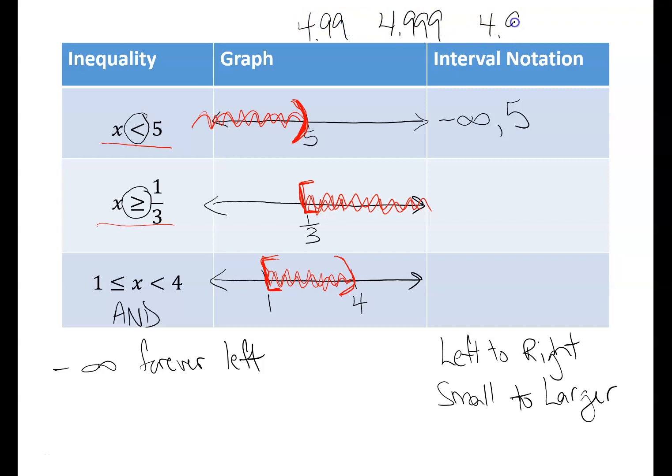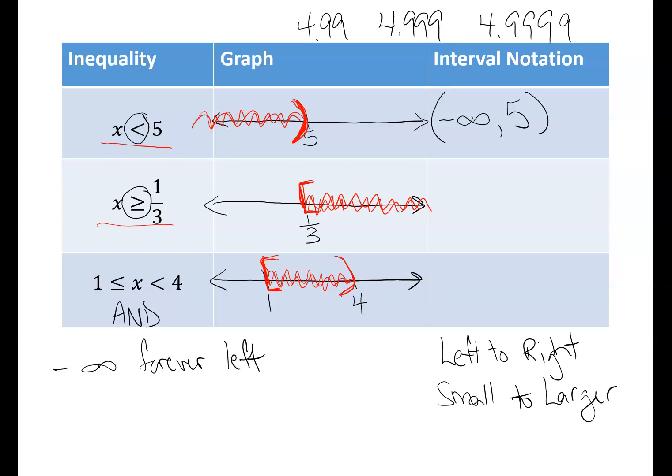I could just keep putting more 9s and never get to that biggest number that is a solution. So you go ahead and put the 5 and just show you're not including it with the parentheses. And remember on the previous slide we said infinity and negative infinity will always have parentheses. So that's what the interval notation would look like for that first example.